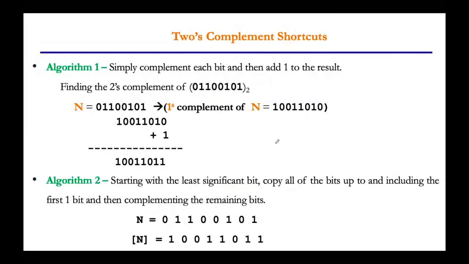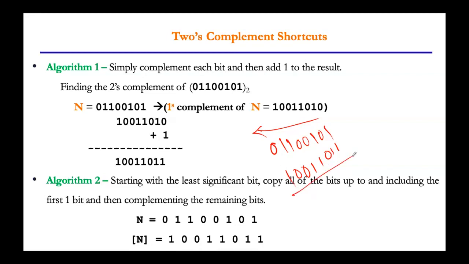Going this way, the first bit is 1, so it is written as 1, and all the remaining bits are complemented. So 0 becomes 1, 1 becomes 0, 0 becomes 1, 0 becomes 1, 1 becomes 0, 1 becomes 0, 0 becomes 1. That is the two's complement of the given number.